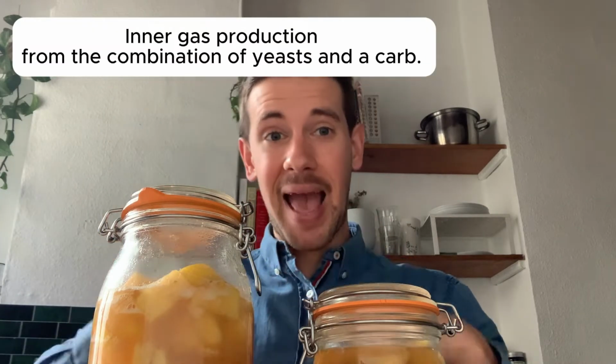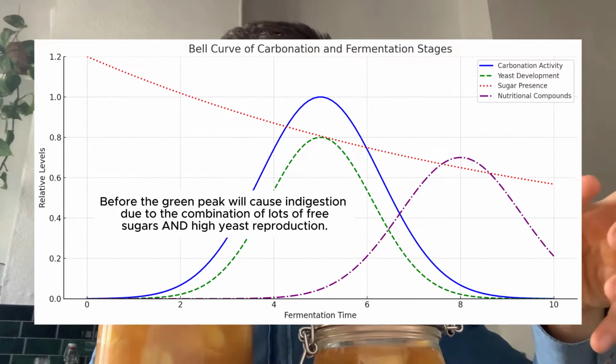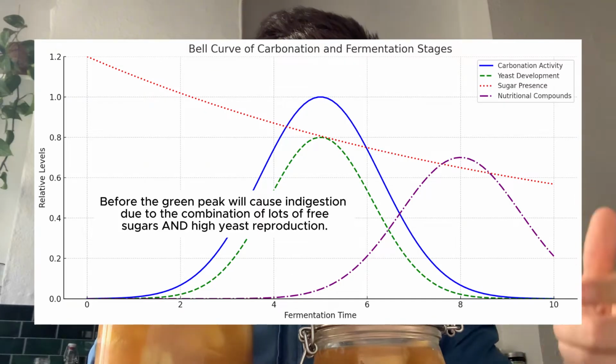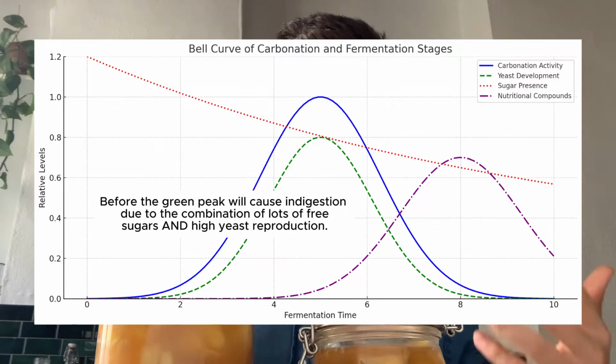That gas that's being made, if you drink it then, you're going to get that same gaseousness inside of your body. And so technically, consuming a young bug that's in the process of ramping up is not going to be as digestible as consuming one near the end of the bell curve, because the yeasts have been fed, they are happy, the sugars have been consumed, and they've been made into other metabolically interesting compounds.